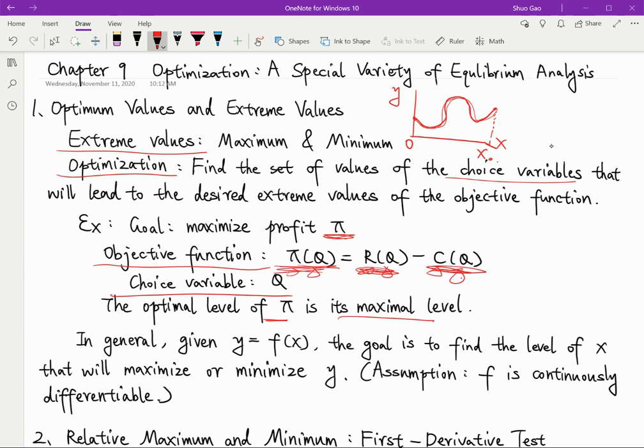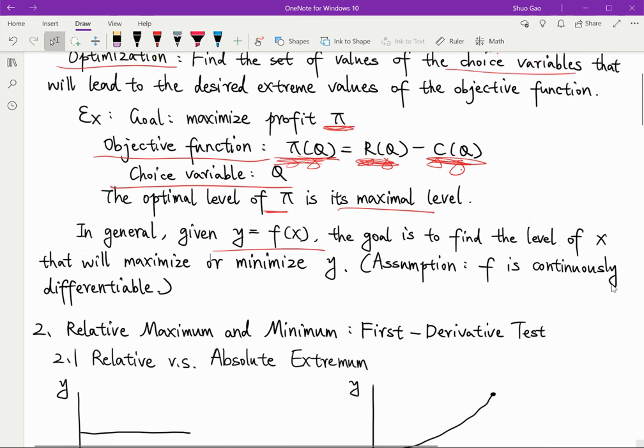In general, given the function y equals f(x), our goal is to find the level of x that will maximize or minimize y. Sometimes we want to maximize and sometimes we want to minimize. Suppose our goal is to minimize the cost c; then the optimum value in this example is the minimum of the cost c.